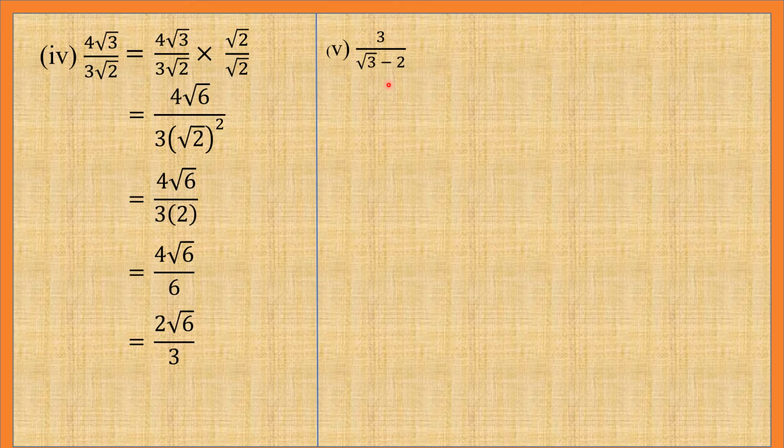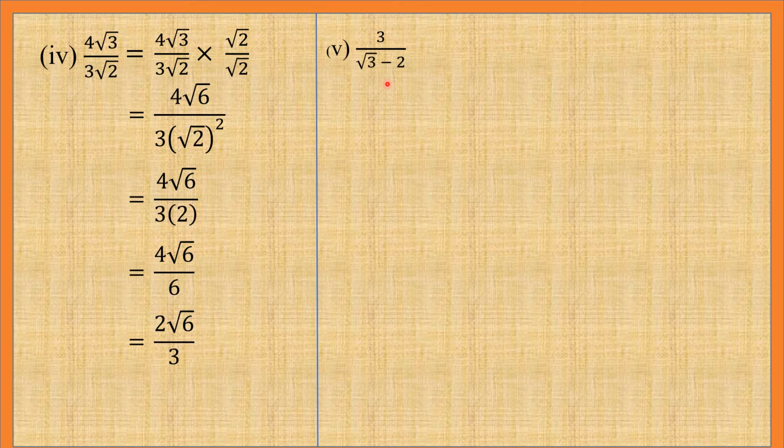So in other words, we have a binomial denominator. When we have a binomial denominator, what we'll do is first of all look for the conjugate of root of 3 minus 2, that is the denominator.